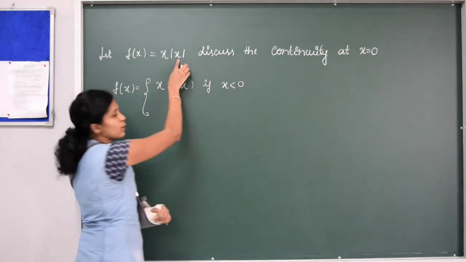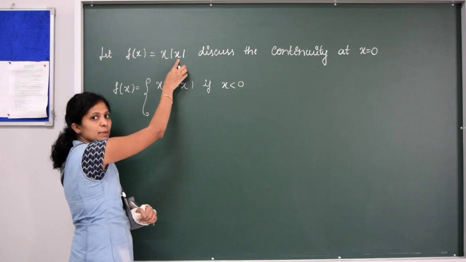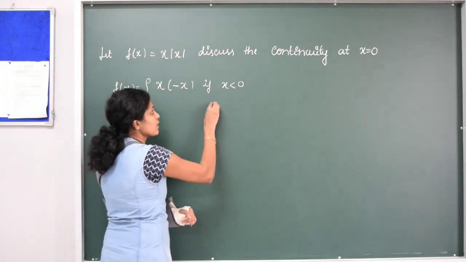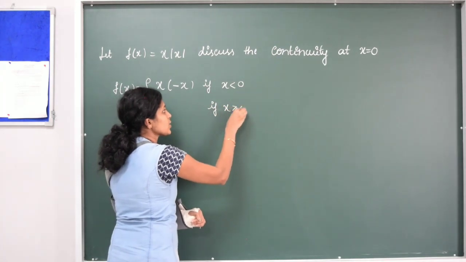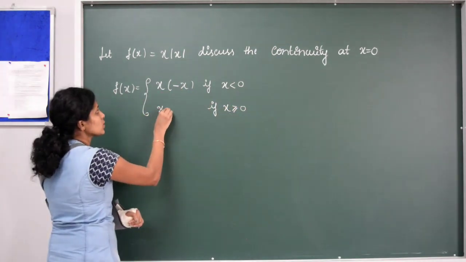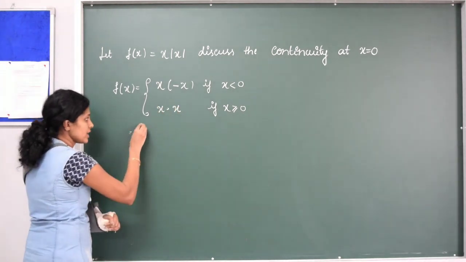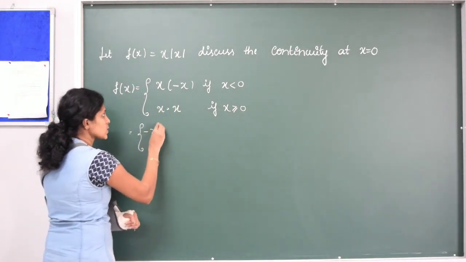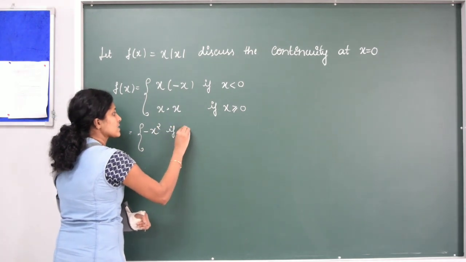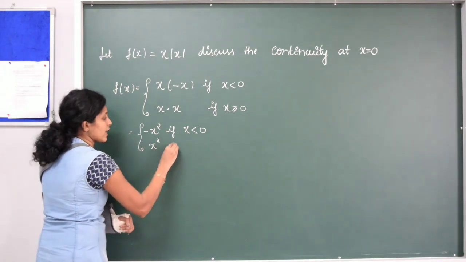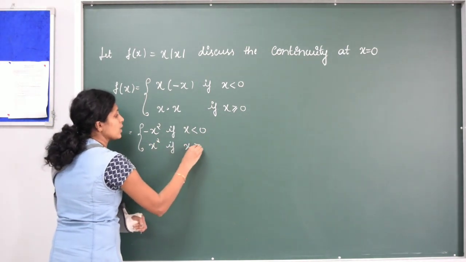Suppose the value of x is less than 0, then mod x will be minus x, so this will be minus x square. If the value of x is greater than or equal to 0, this will be x into mod x, which is positive, that is x. So we can define this function as minus x square if the value of x is less than 0 and x square if the value of x is greater than or equal to 0.